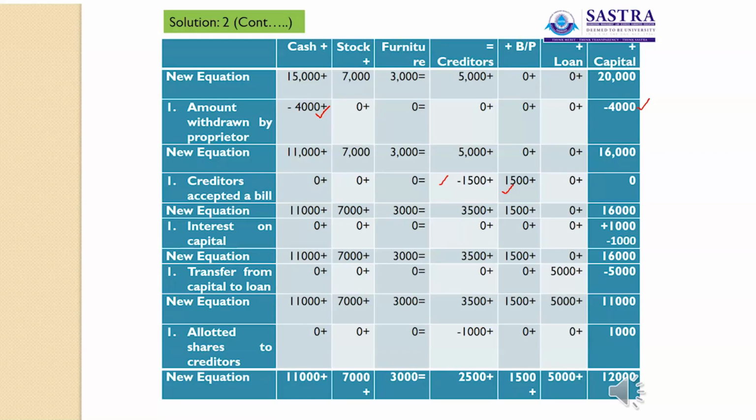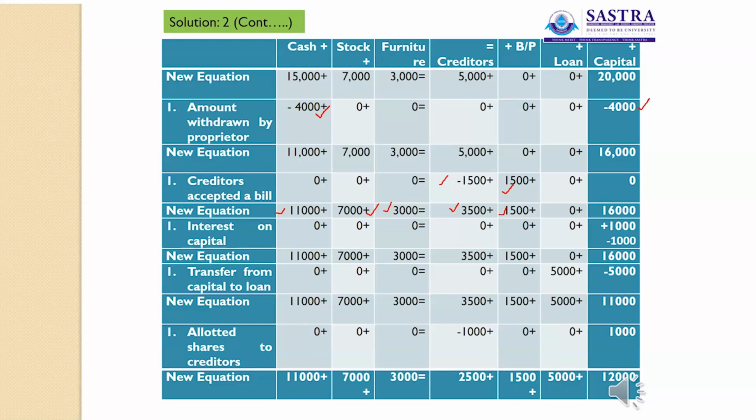So the net value is 11,000 in cash, 7,000 is the stock value, furniture value 3,000. Here already creditors value 5,000. Now it was decreased by rupees 1,500. So 5,000 minus 1,500, 3,500. Here 0 plus 1,500, it was increased by rupees 1,500.